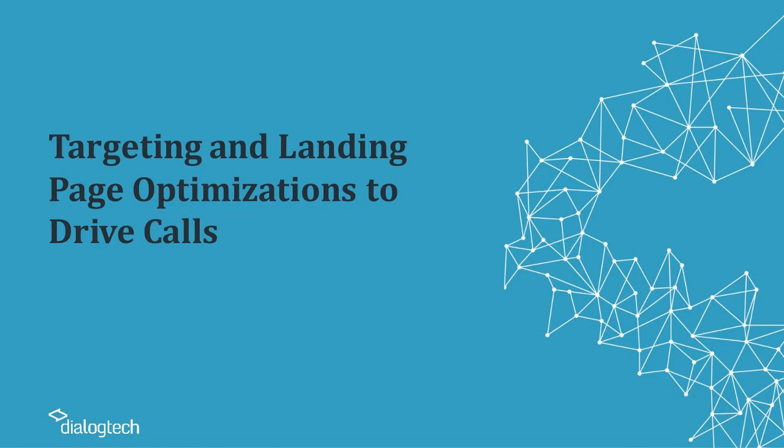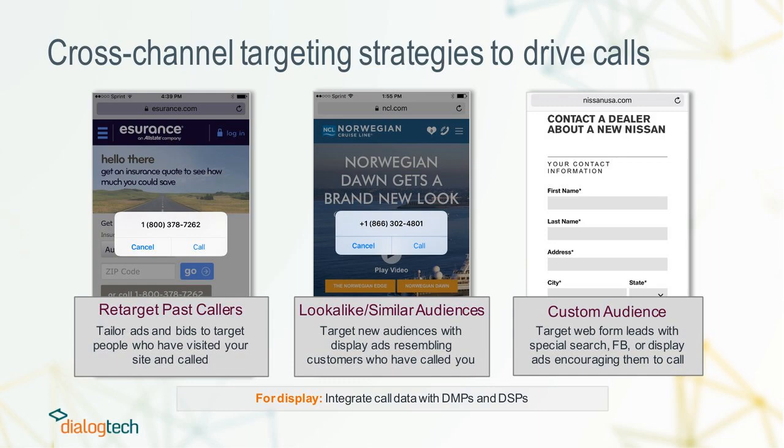So some targeting and landing page options are optimizations to further drive more calls. Well, most of us, if we're running display, we're also running cross-channel marketing tactics. We're running paid search. We have SEO practices in place. We have social practices. We've got people coming direct to our site. So we have all of these different channels that are fueling traffic to your site and fueling consumers to call. But you can use display to retarget based on all of these different channel data, right?